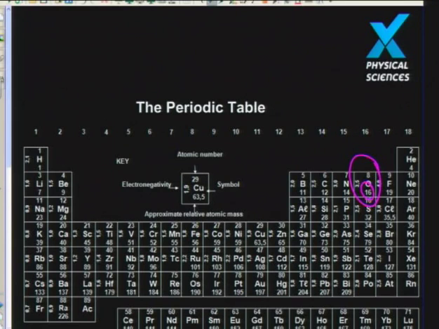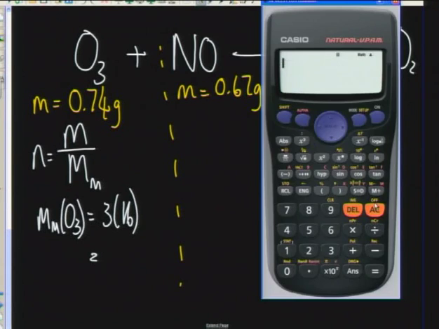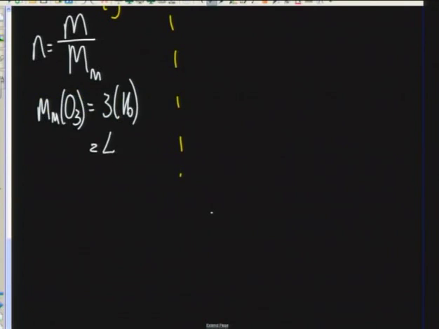So that's the 16 over there. Coming back here, we've got 3 times 16, which is going to give us 48. So the molar mass is 48 grams per mole.